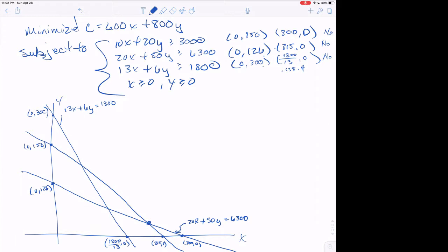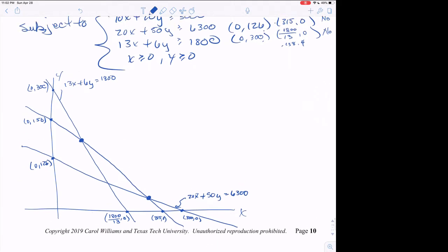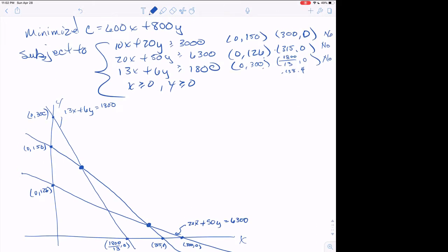So I need to find this point, and I need to find this point, and this middle line is going to be the 10x plus 20y equals 3,000.